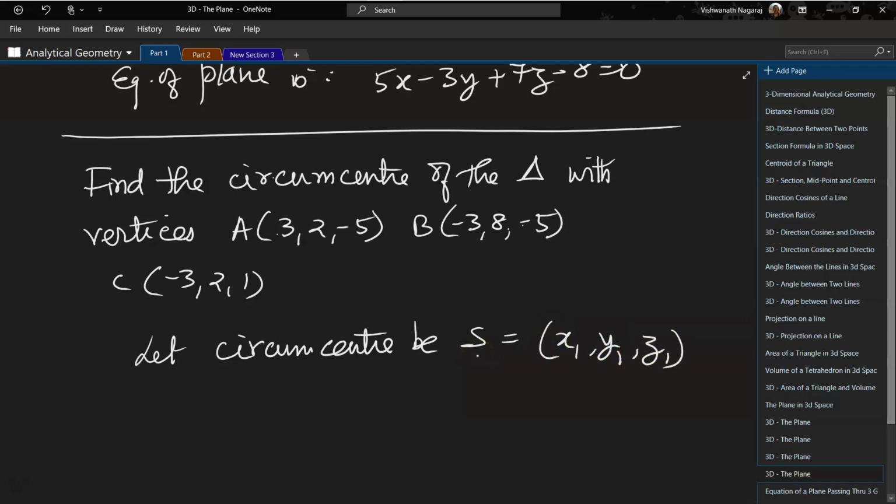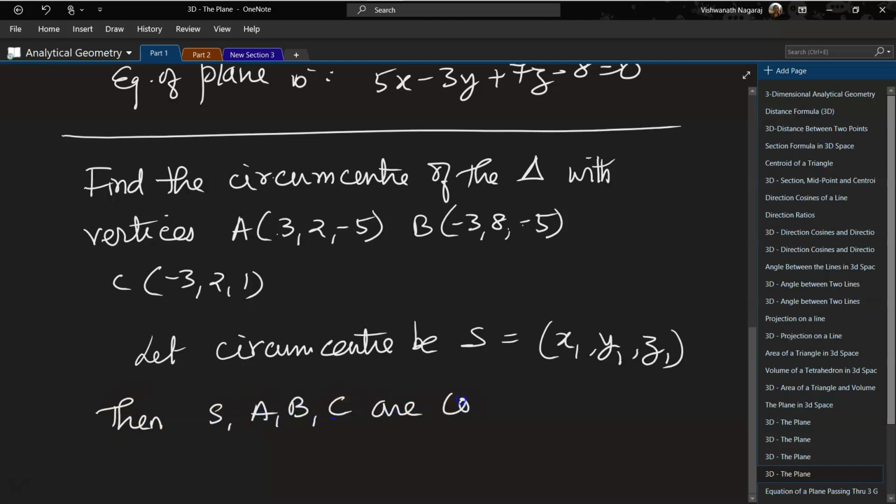See, 3 points always make a plane. They will lie on a plane. If you have a fourth point, since it is a circumcenter, it has to also lie on the same plane. So which means S, A, B and C are coplanar.